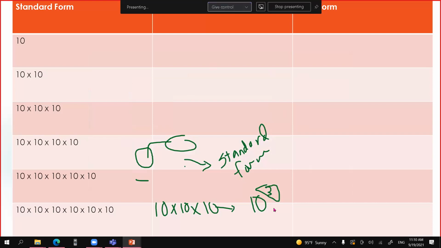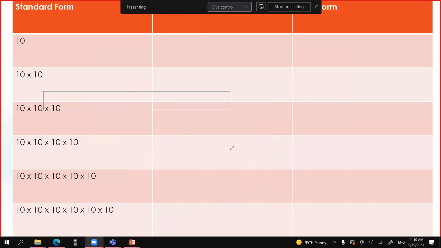Let's solve more examples now in order to understand more. Let's write these in the exponent form and in the word form. The first one here is 10.